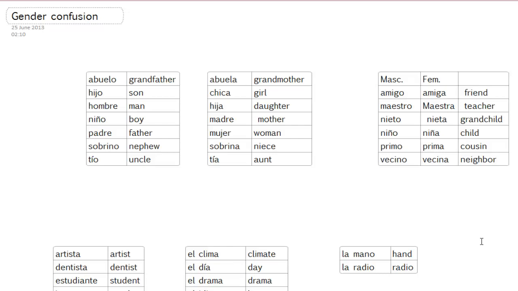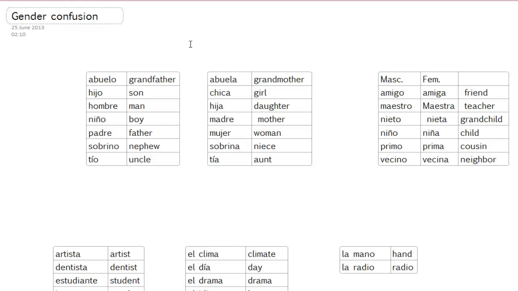And what is weird? That every noun, every word that is a person, a thing, an object, has a gender. It's either masculine or feminine. Now, there's one rule basically.